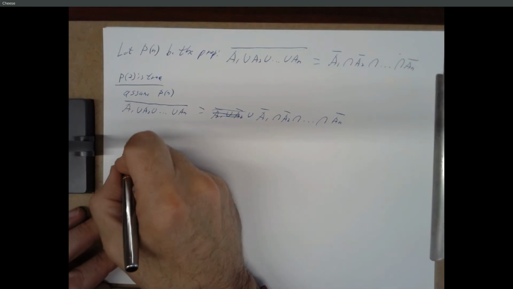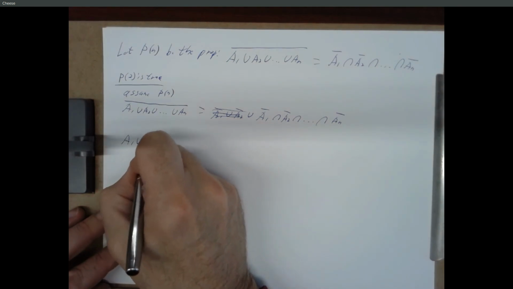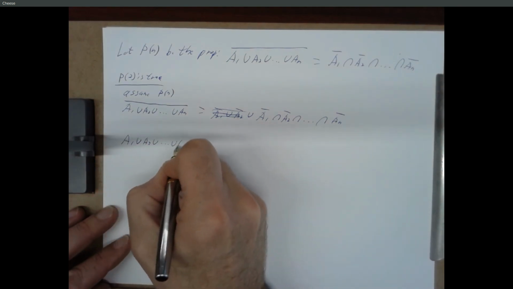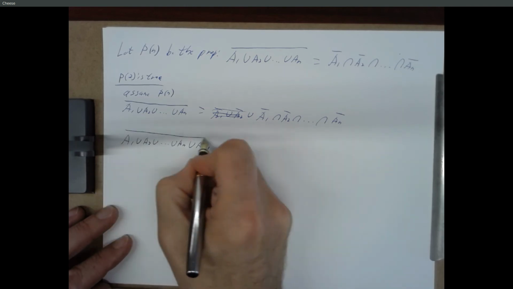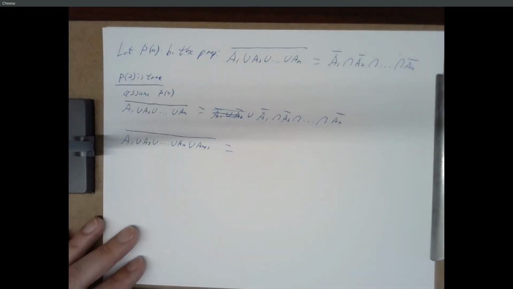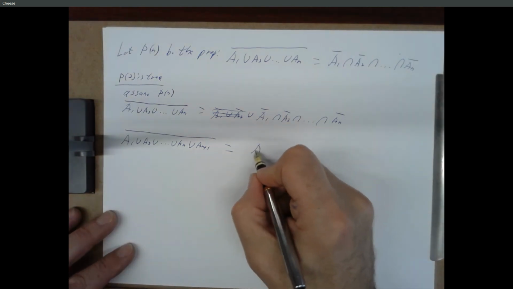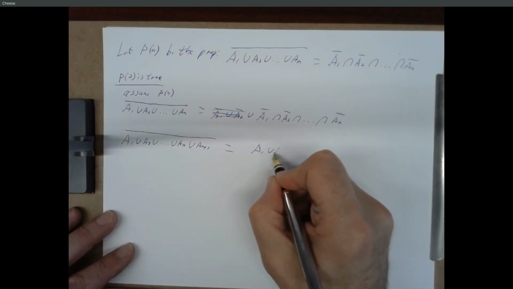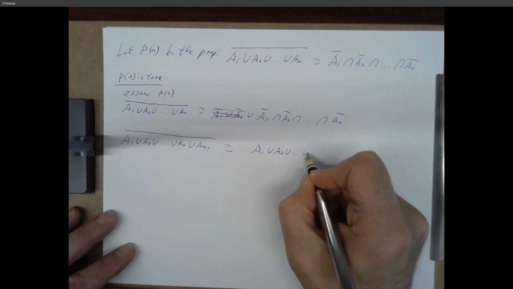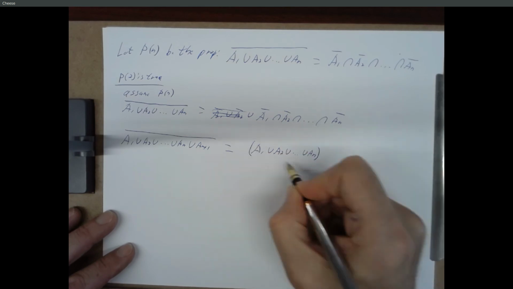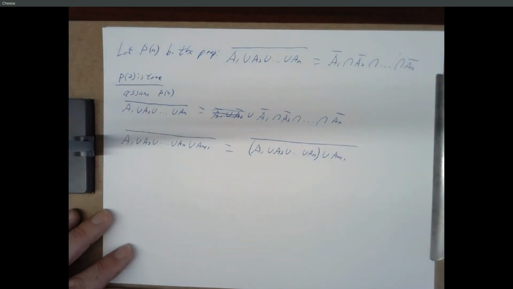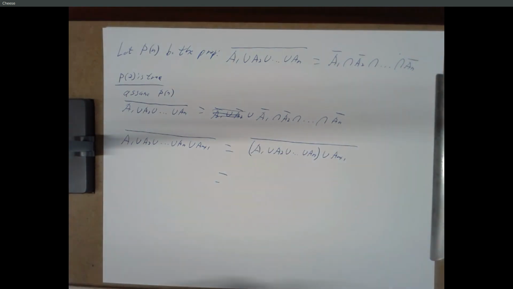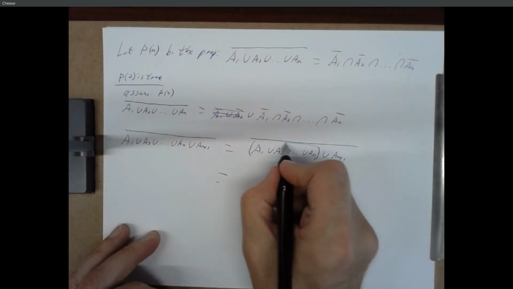Let's look at n plus 1 sets. And let's throw in some parentheses. And so now I have two things that I'm taking the union of.